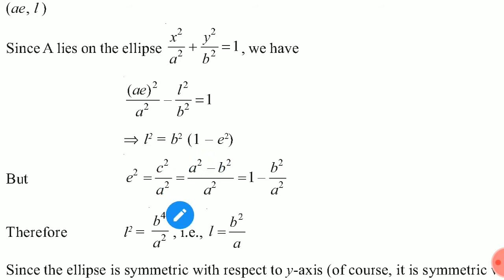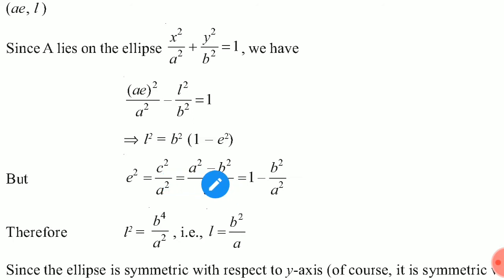We know that E equal to C upon A, as I explained in the previous video. So E square becomes C square upon A square, and C square is always equal to A square minus B square, which I have also explained.